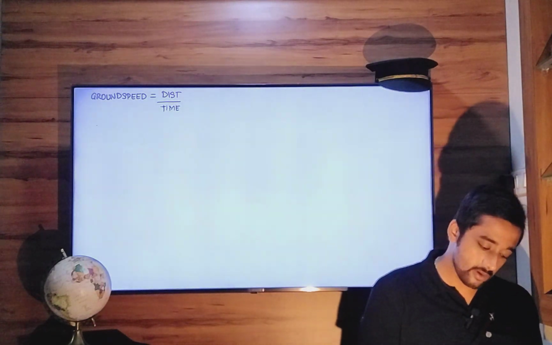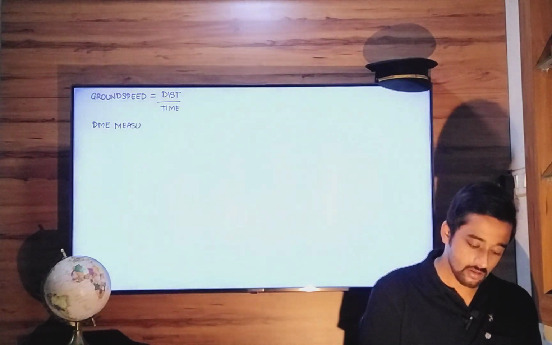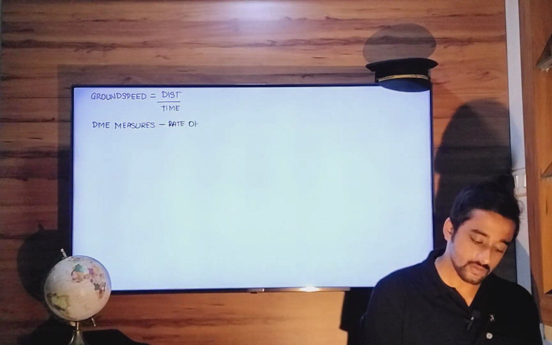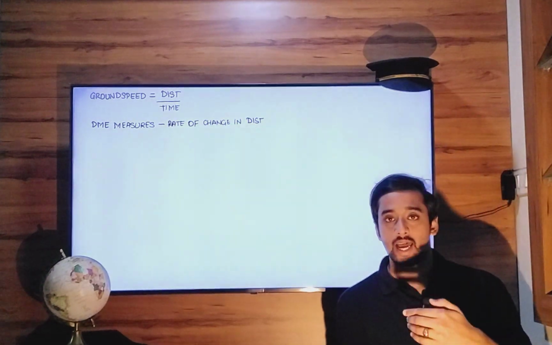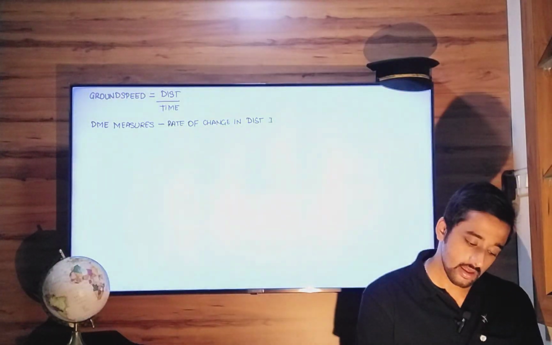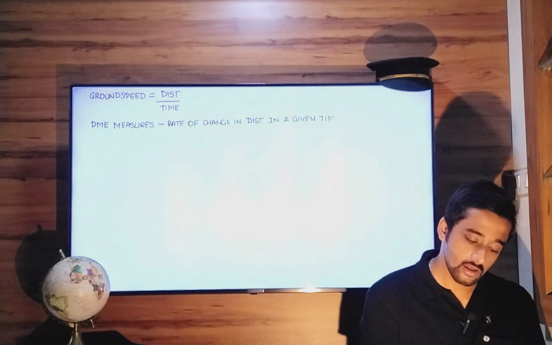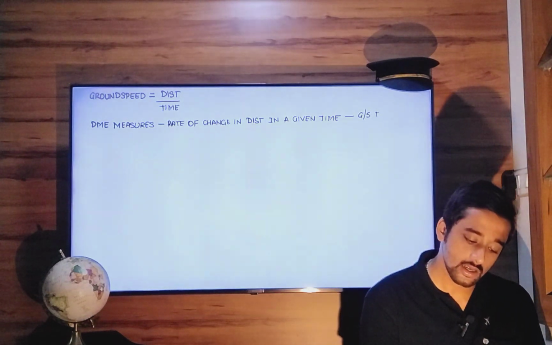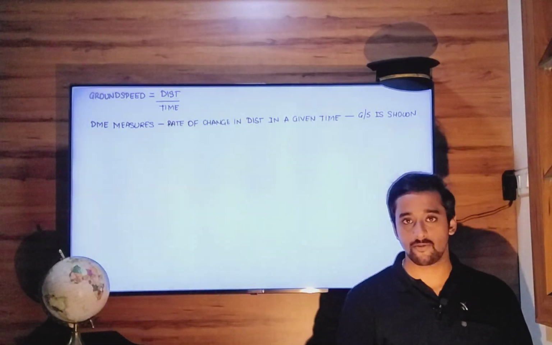Now, the DME equipment measures rate of change in distance, that is slant distance, in a given time. Once that measurement is done, ground speed is shown. Right? Simple distance, speed, time formula.